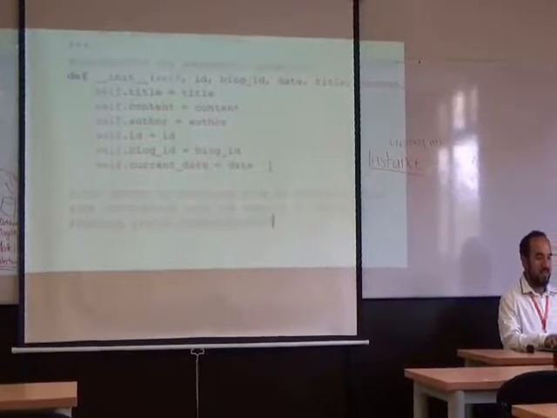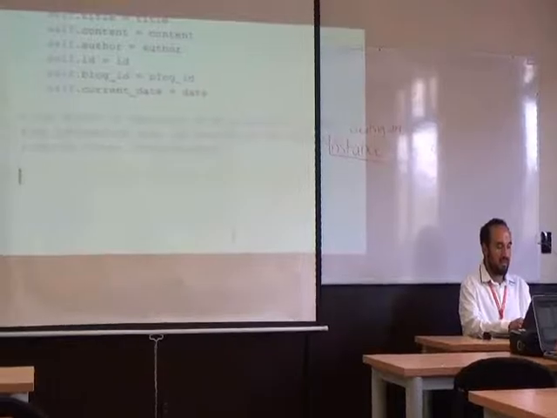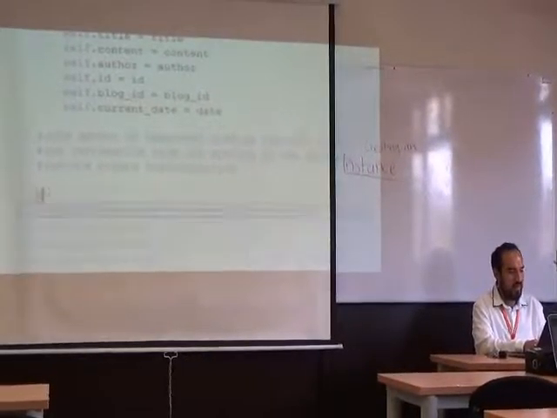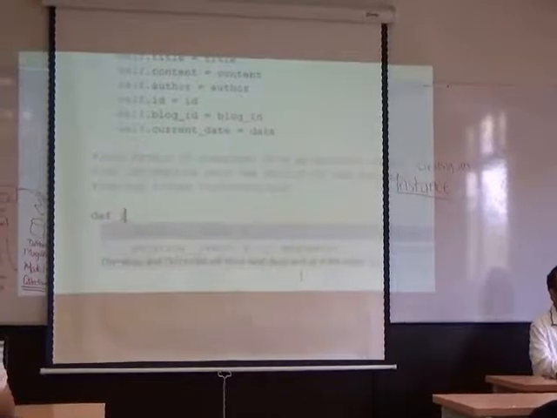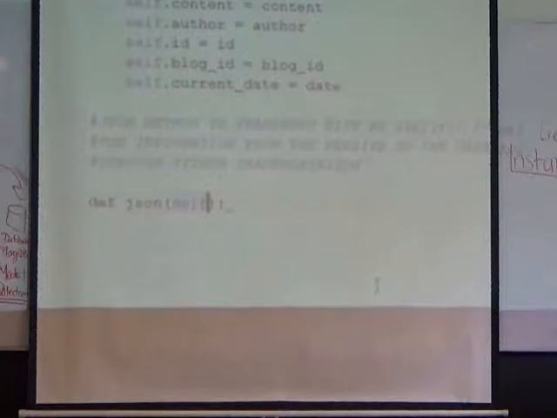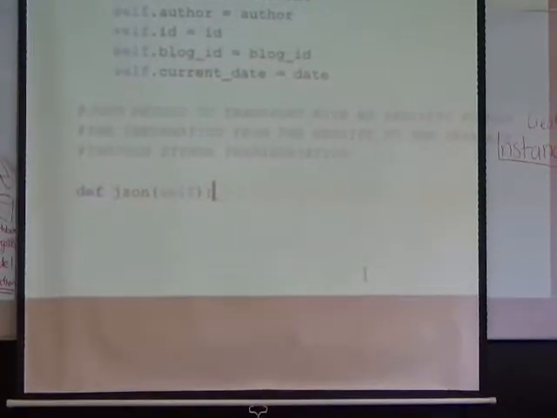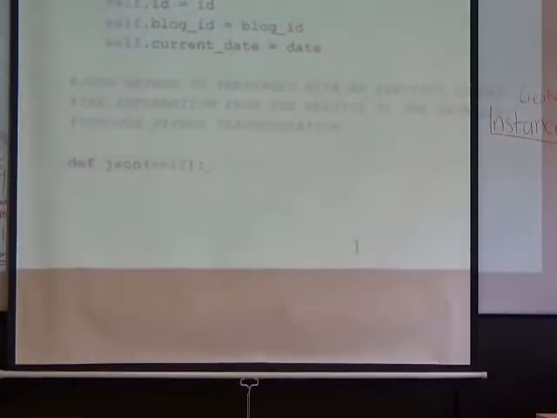So in JSON, we create this method. The method will be called def, to define the method. My method will be called JSON, open and close parentheses, and automatically the word self appears. Do you remember what is the analogy of self with Java?